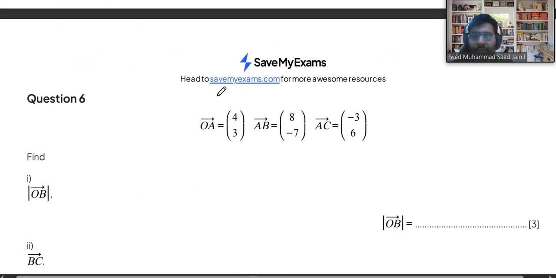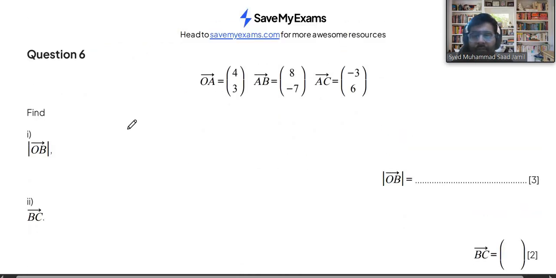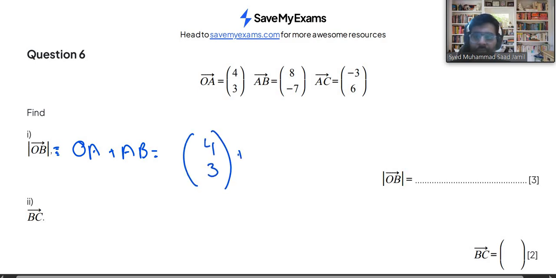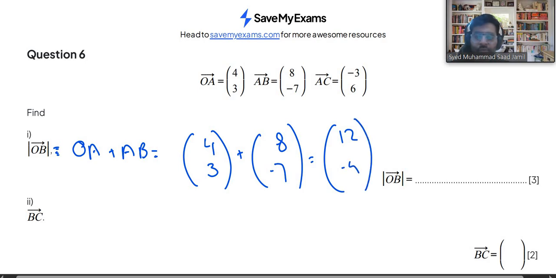Alright guys. Moving on to question 6, we have find the magnitude of OB. So OB basically means OA plus AB. Alright, so OA is 4, 3 plus AB is 8, negative 7. This becomes 4 plus 8 is 12. 3 minus 7 is negative 4. So the answer is 12, negative 4.